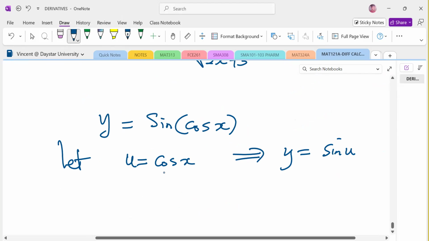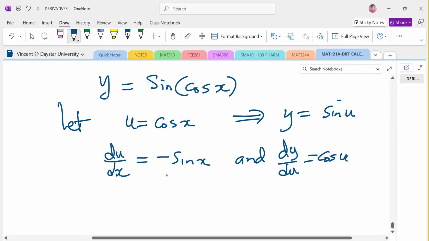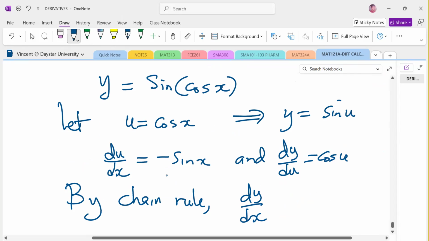So then du dx is minus sine x, and dy du is cosine of u, correct? So by chain rule, dy dx is dy du times du dx.